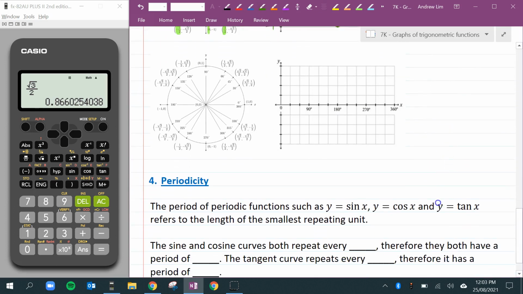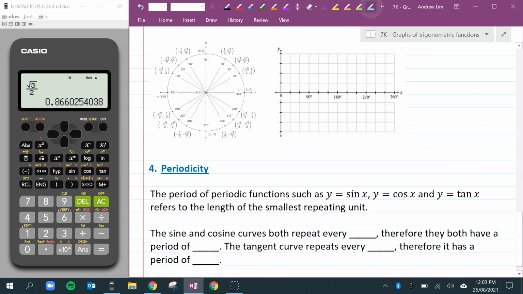What about the tangent curve? Here, we need to remember that tangent is equal to sine over cos. So maybe we'll write that over here, that tan is the same as sine over cos.